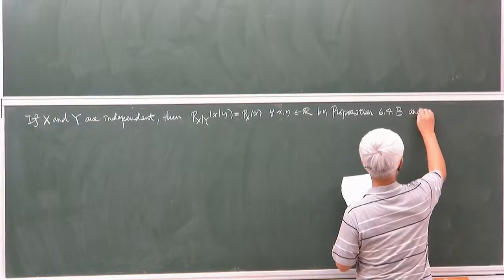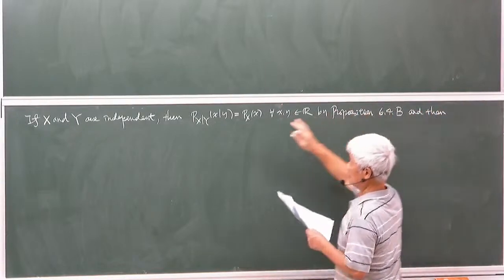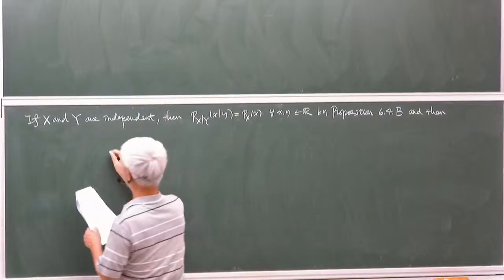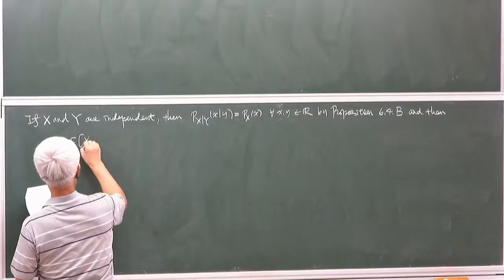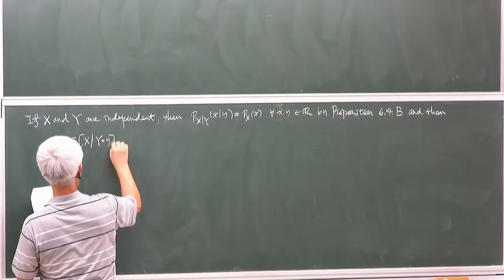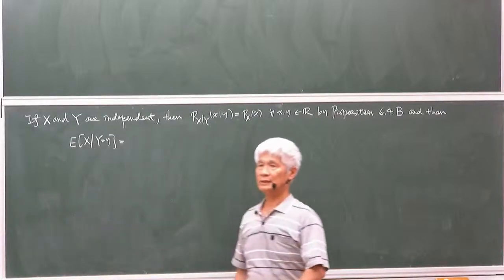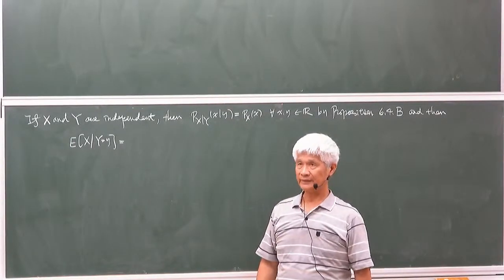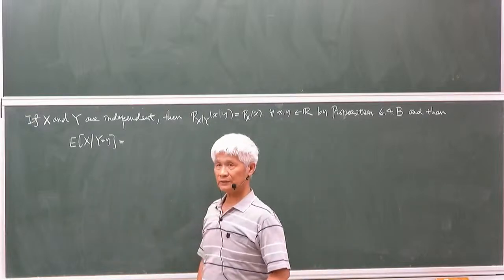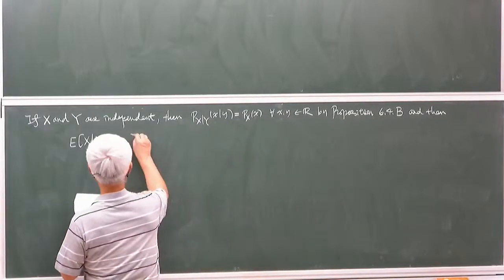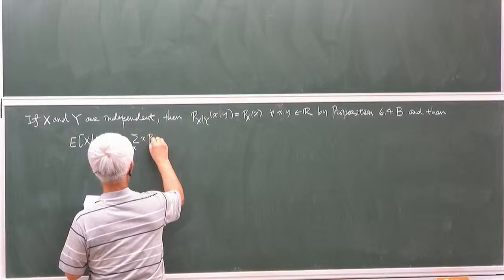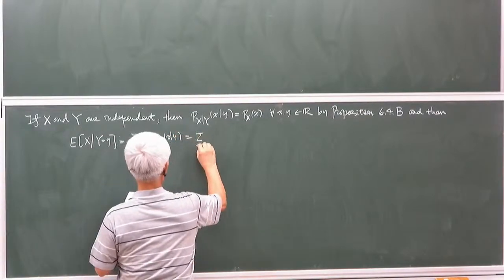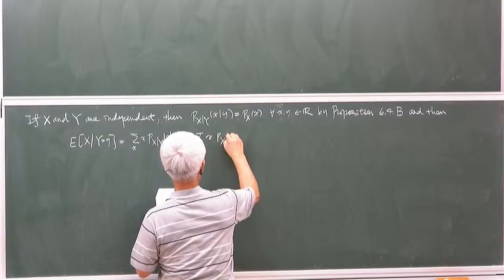In this case, when X and Y are independent, if we compute the conditional expectation of random variable X given that random variable Y equals y, by our definition, we know this is, and now you have this is 1.